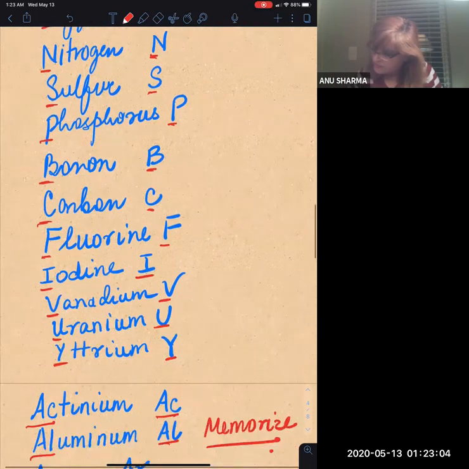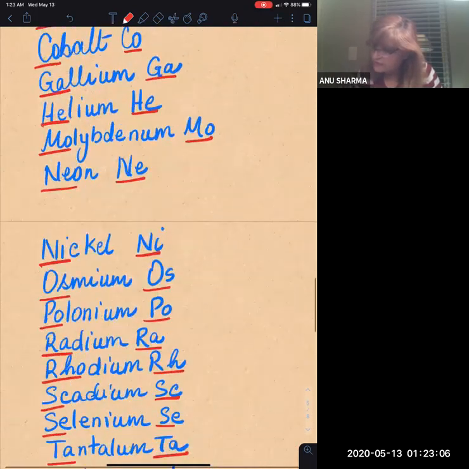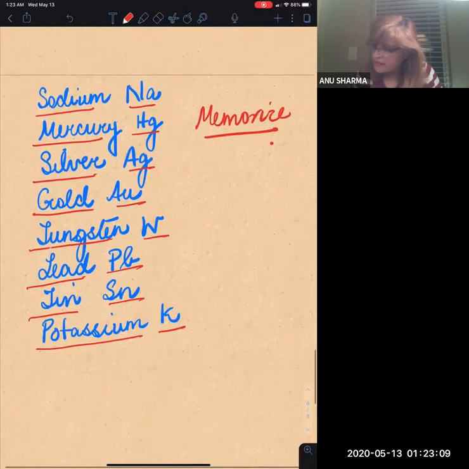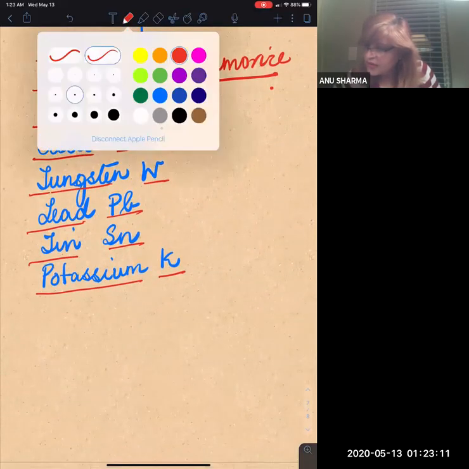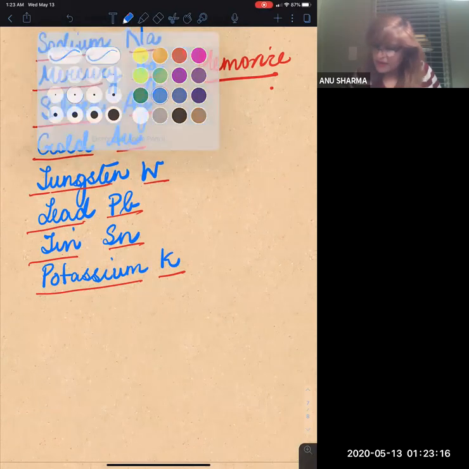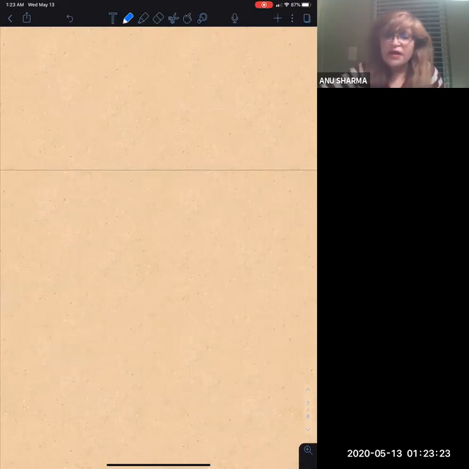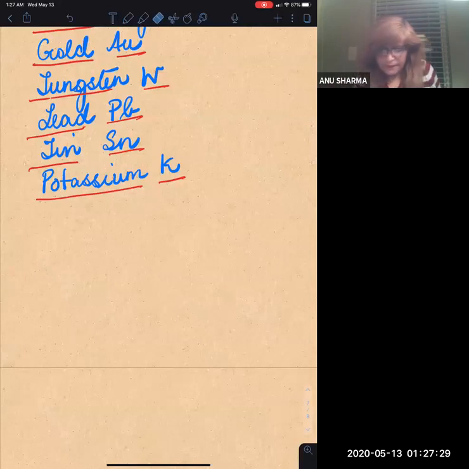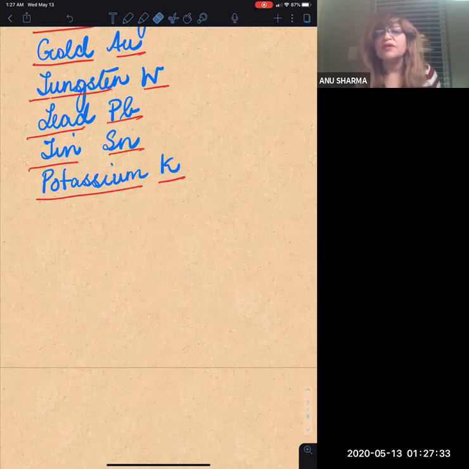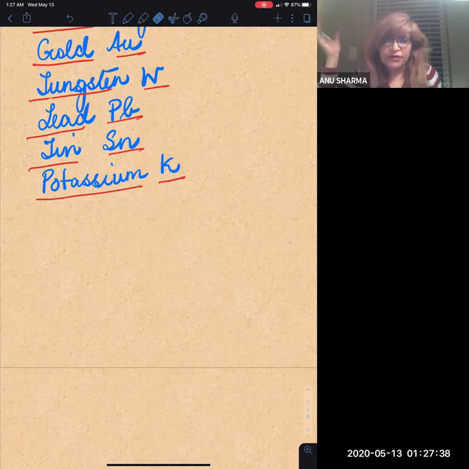And then comes some of the ones in which neither the first letter nor any other letter in the name could be used alone. So now we are going to look at those elements in which the first letter and some other letter in the name is used in the symbol.